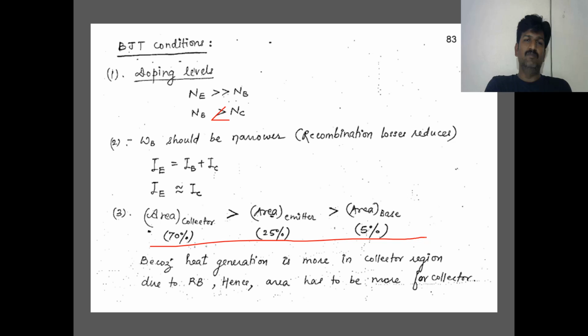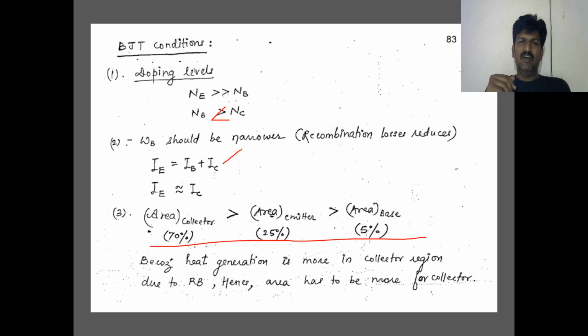One more point you should remember: emitter current is always equal to the sum of the base current and collector current, but collector current is much larger than the base current. Base current is very small, sometimes negligible. Let me consider emitter current is 100 amps.